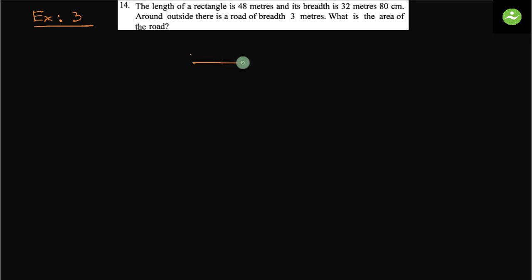Here is a rectangle. A rectangle means the length is longer than the breadth. Each angle is 90 degrees. Here is the road around the rectangle.